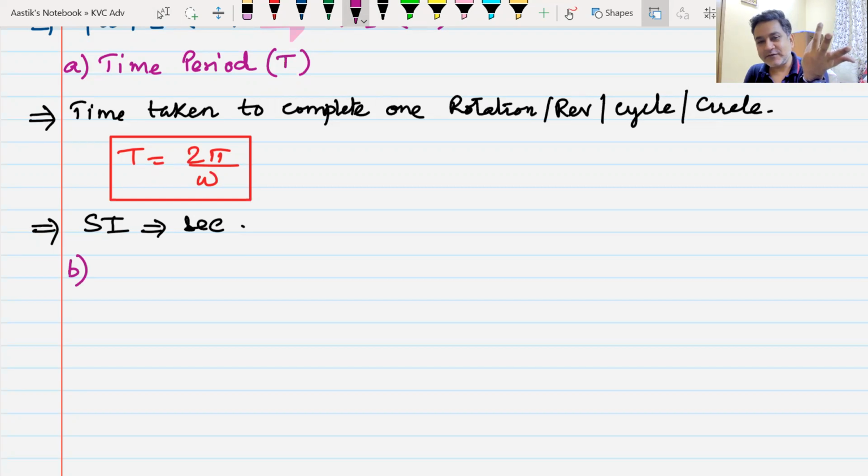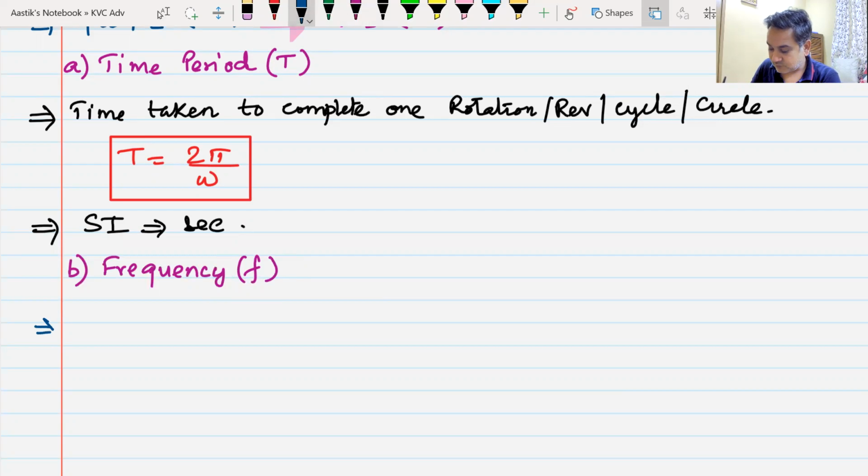The next term is frequency, denoted by small f. What is frequency? The number of cycles or rotations or revolutions per second.